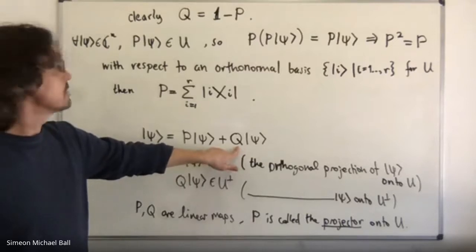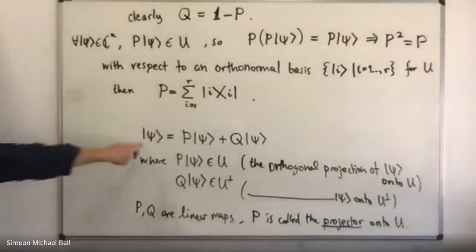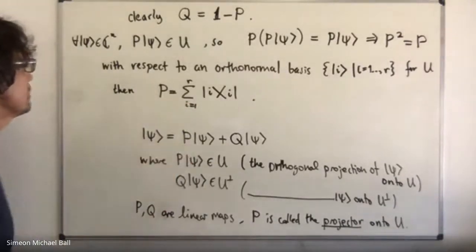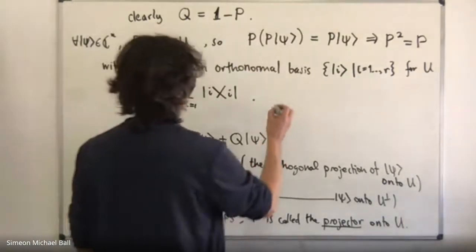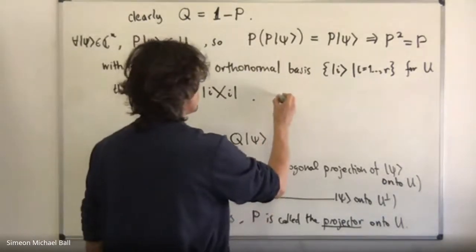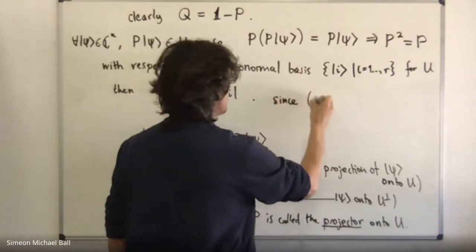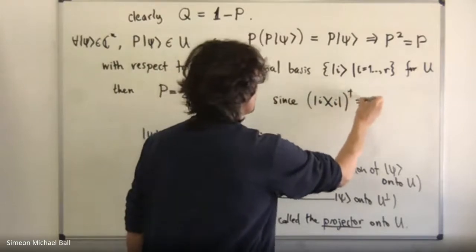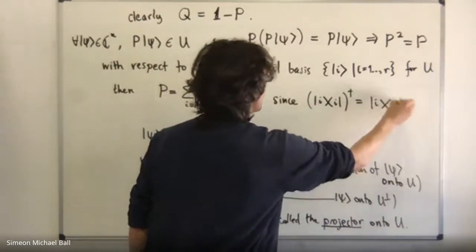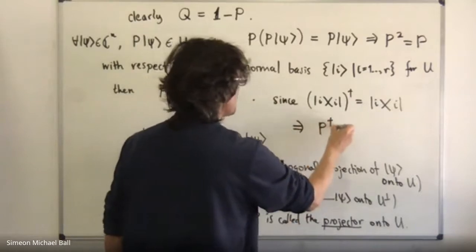And then prove this goes to this. So since each one of these matrices, which we just proved before, is Hermitian, and the sum of Hermitians is Hermitian, the projectors are always Hermitian.